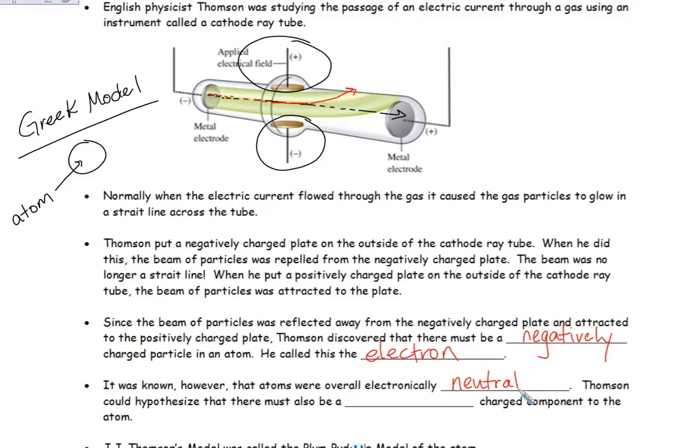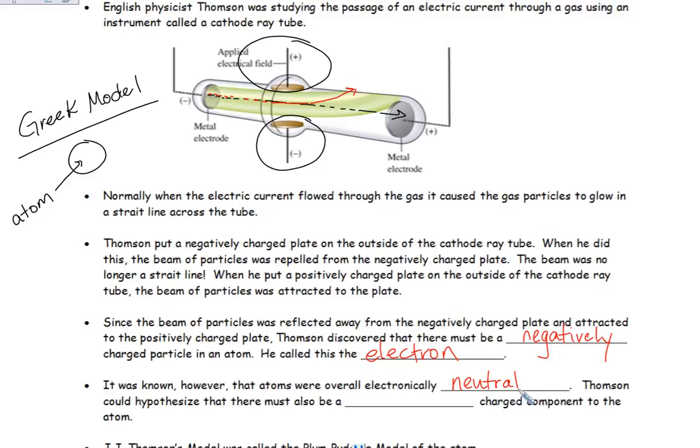We know that the electron is on the outside of the atom, so it kind of makes sense if the electrons are on the outside of the atom that they might be attracted to a positive charge or repelled from a negative. We know now that there's a positive nucleus, which makes it neutral.